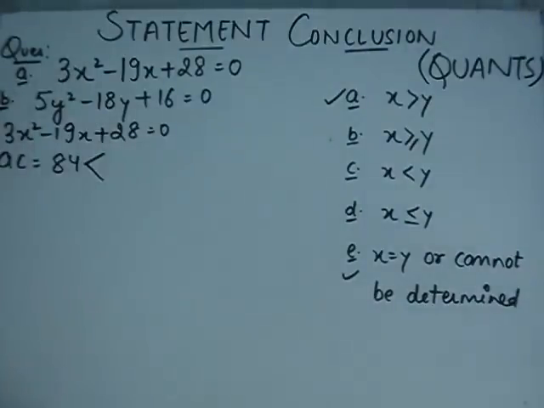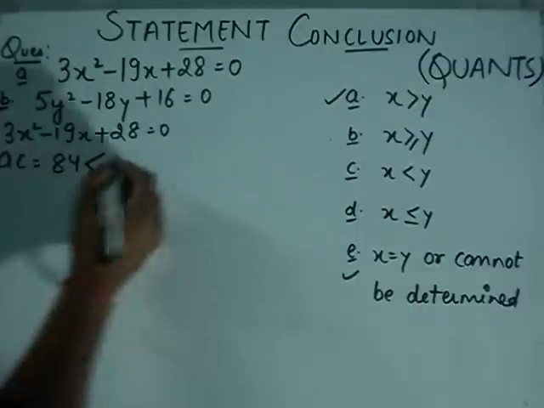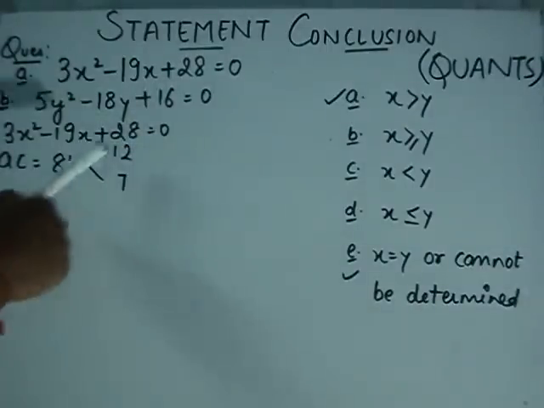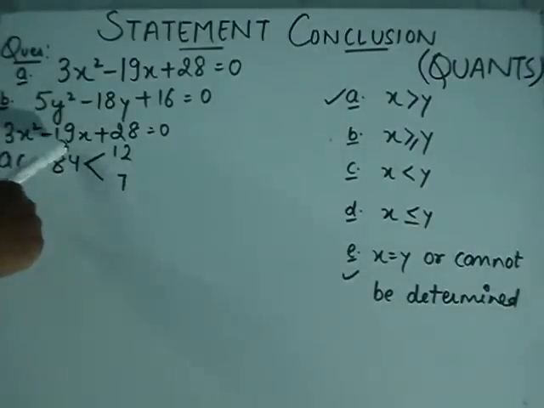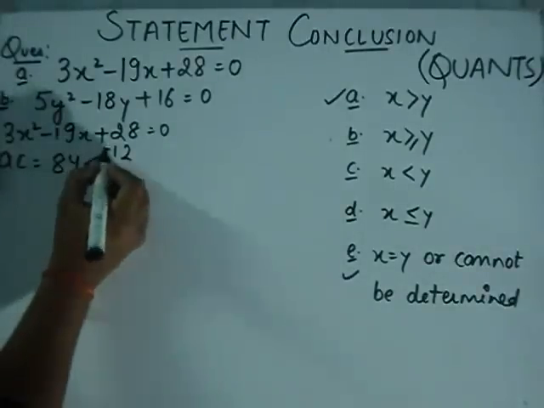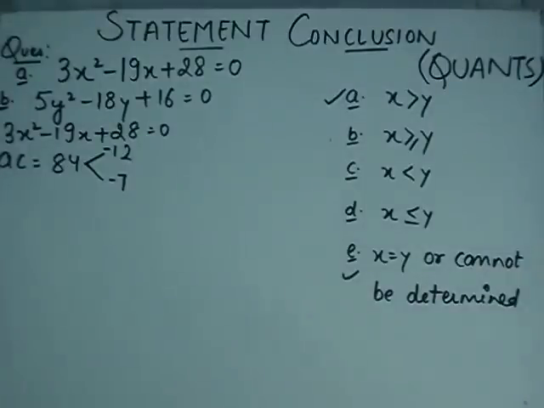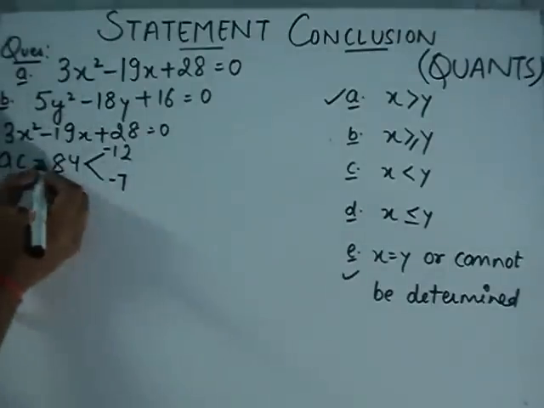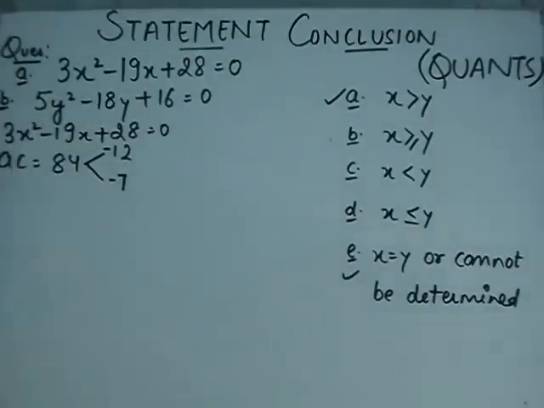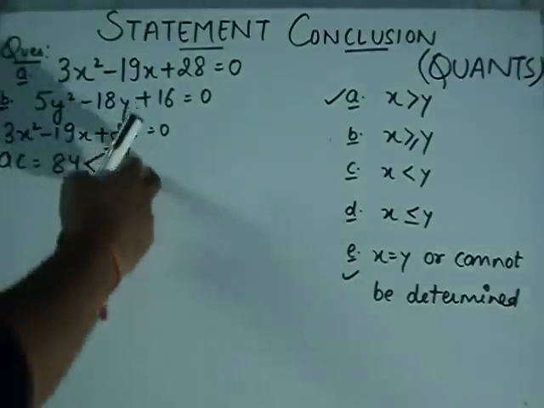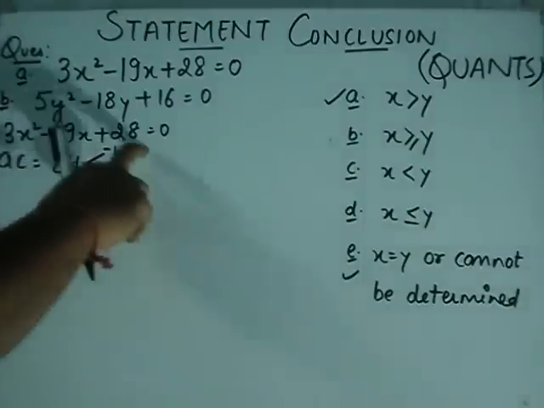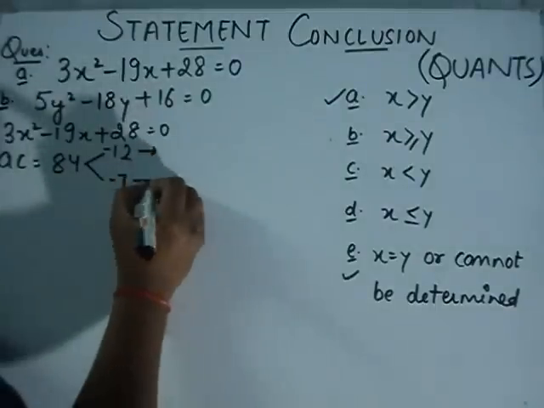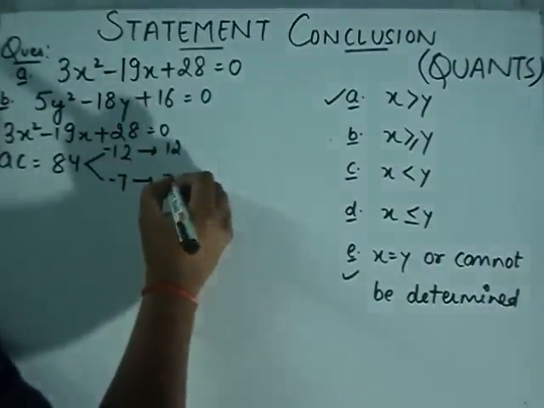Splitting this term, we get 12 and 7. After addition we get 19, but focus on sign, and we get minus 12 and minus 7 as our splitting terms. After multiplication we get 84, but on addition we get minus 19. But as we discussed, change the sign like this.